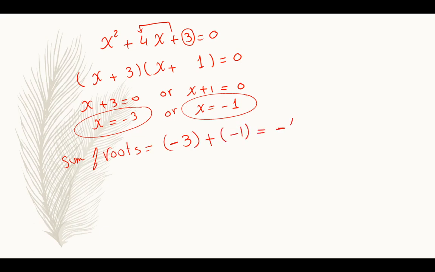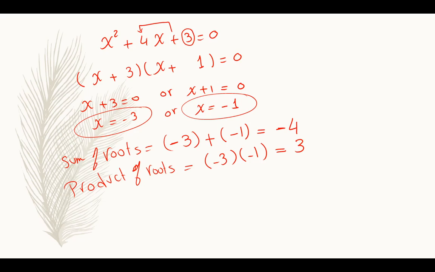This equals negative 4. Okay? Product of roots will be negative 3 multiplied by negative 1. Product means multiplying the two roots. Negative 3 multiplied by negative 1 equals 3.